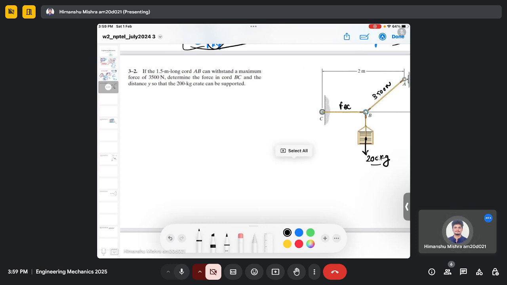So the first step is to draw the free body diagram. This is my point B. There is a weight, 200 kg multiplied by 9.81 meter per second squared. So this is the weight, or the gravity force. Then there will be a force which is acting here.